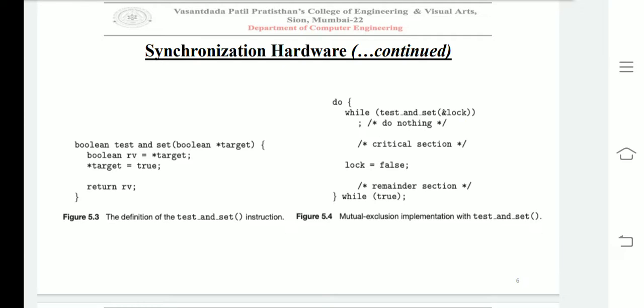So here you can see the definition of the test and set instruction and the mutual exclusion implementation using it. If the machine supports the test and set instruction, mutual exclusion is implemented by declaring a boolean variable lock. This variable is initialized to false. The structure is given here.